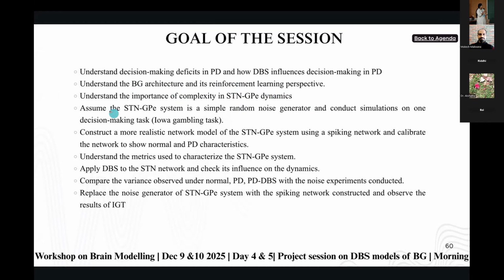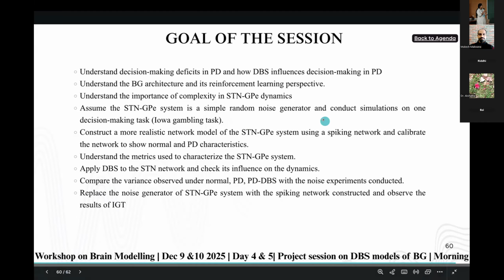Then we replaced the entire STN-GPE system with a random noise generator and conducted the experiments. After that, instead of a random noise generator, we built a complete spiking network of STN-GPE to show PD and normal characteristics, and also conducted DBS experiments on it. And then we conducted the variance level experiments, replaced it with the spiking network and observed the IGT results.